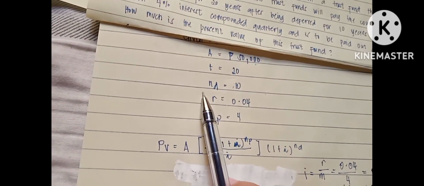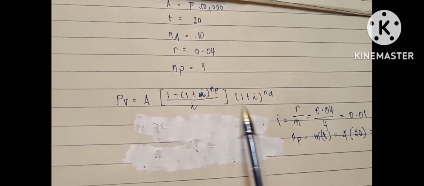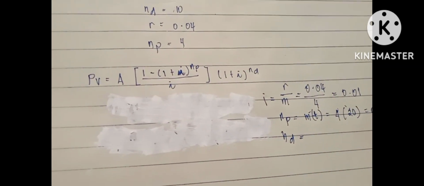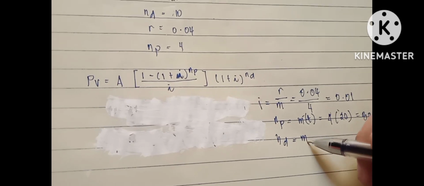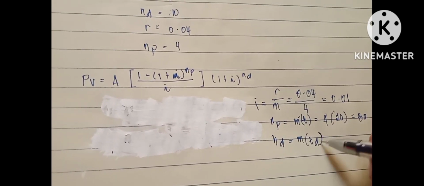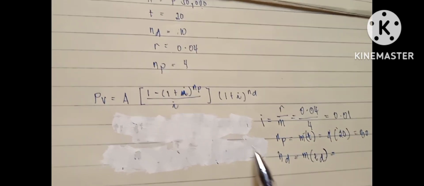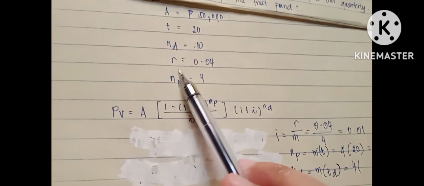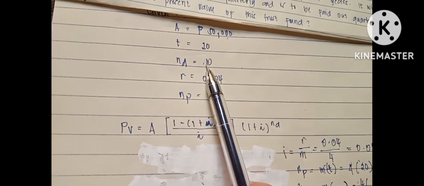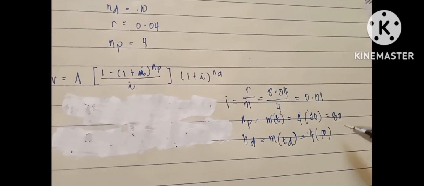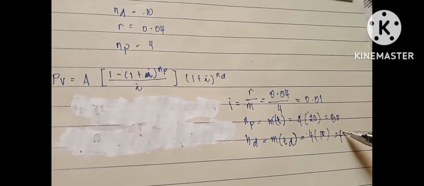And then, in getting the number of deferred period, the formula is M times the time of deferred period. So, our M here is 4, and the time of deferred period is 10. So, 4 times 10 is equal to 40.